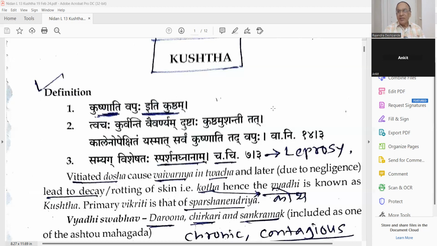Okay. Next is Hikka, that is hiccup. Pranava Srotas Vyadhi. Shoth, that is edema. Then Visarpa is like erysipelas or cellulitis. Amavat, some people consider as rheumatoid arthritis. Some people consider it as rheumatic fever. Okay. Hridrog, cardiac problems.